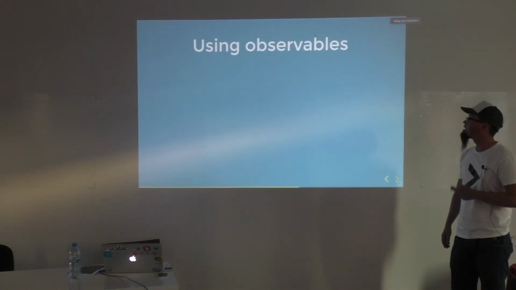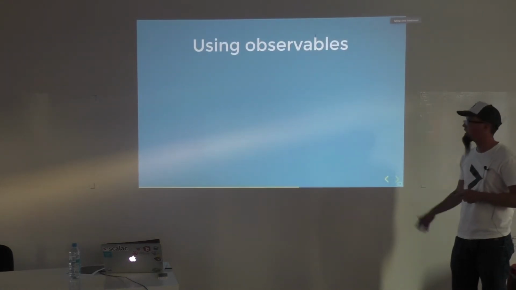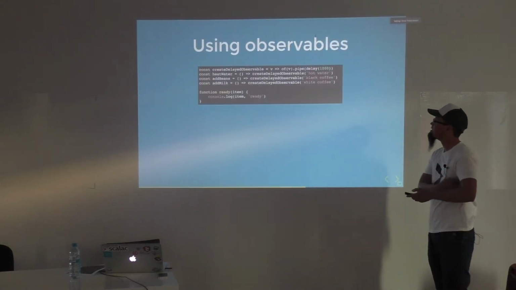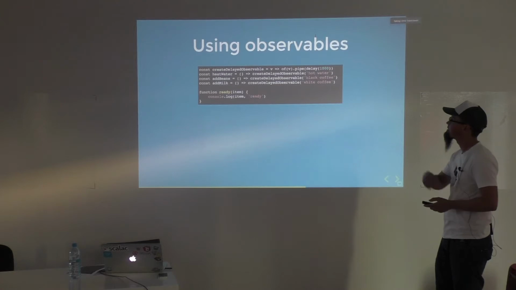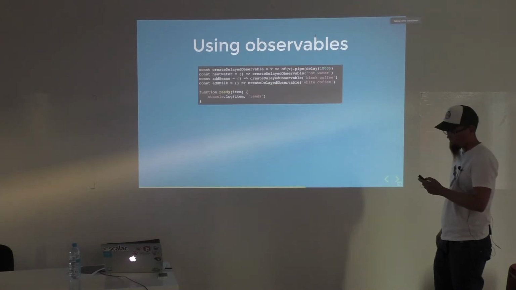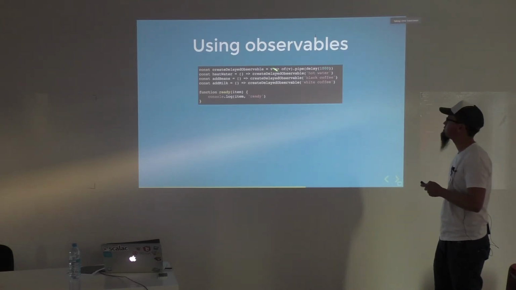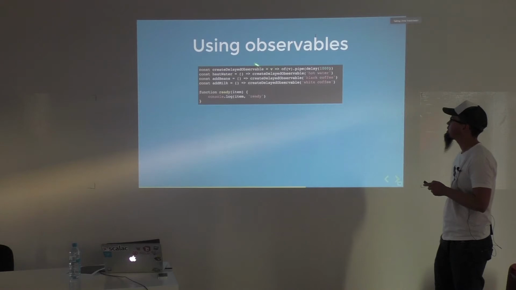So let's code the same thing with observables. We've got one helper function, just to avoid some boilerplate, which basically creates an observable, which will, in this case, produce only one value v, and then we delay it for 1 second.